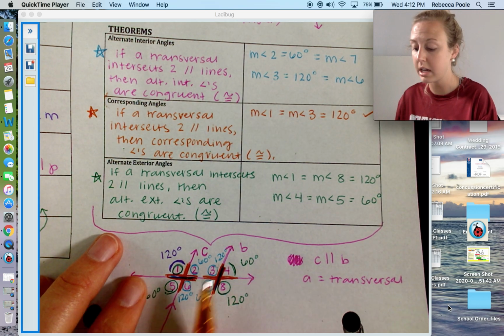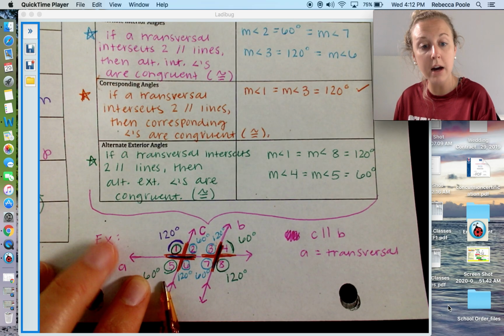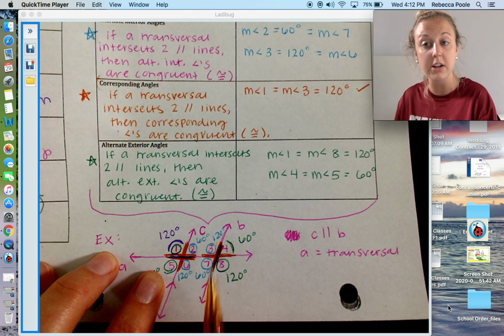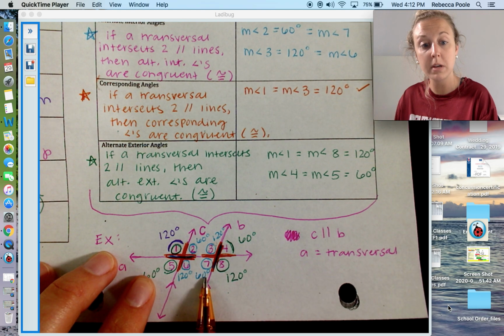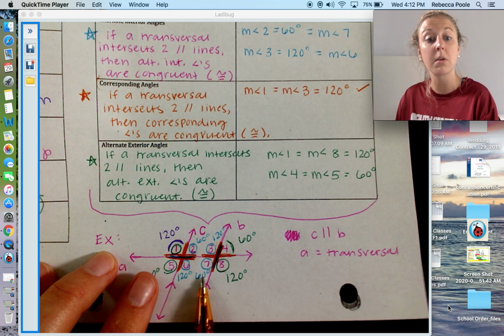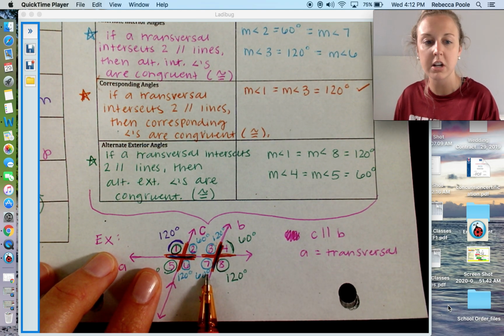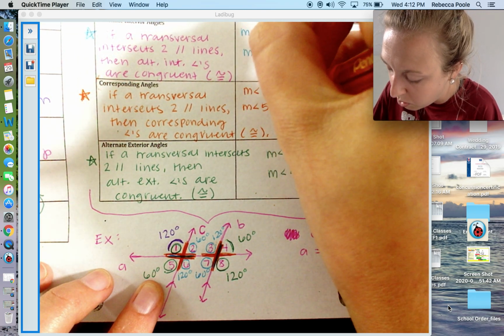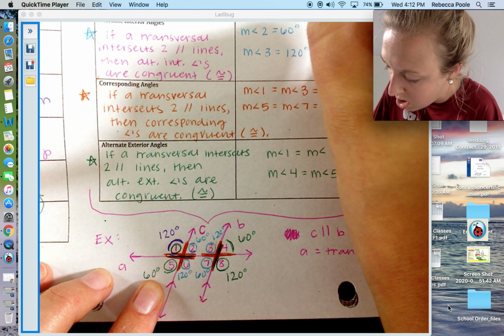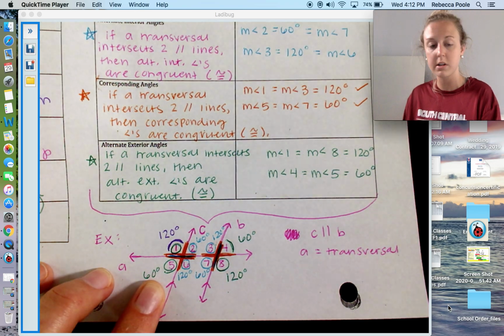All right, let's check another one. 5 is in the bottom left, so go to your other intersection, your second one, look in the bottom left, and 7, are those two equal? Yes, because they're both in the bottom left. This is how you can check yourself to know you did it right. So measure of angle 5 equals the measure of angle 7, and they are both 60. That works out.